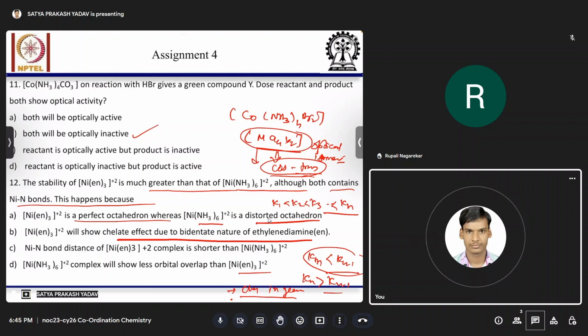Or if chelation is forming, or a more stabilized geometry is forming, then Kn will be greater than Kn minus 1. Chelation gives a less entropic system, so the formation constant will be higher than the previous one. So basically here Ni(en)3 shows the chelate effect due to the bidentate nature of ethylenediamine.